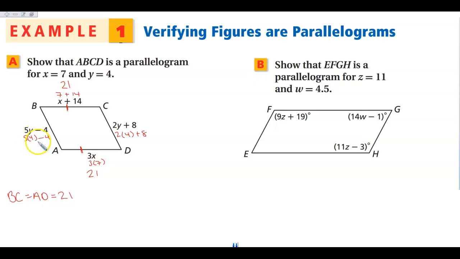So 5 times 4 is 20, minus 4 is 16. 2 times 4 is 8, plus 8 is also 16. So now I know that AB is equal to CD, and they are both equal to 16. So opposite sides are congruent.